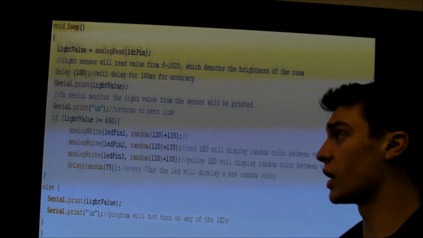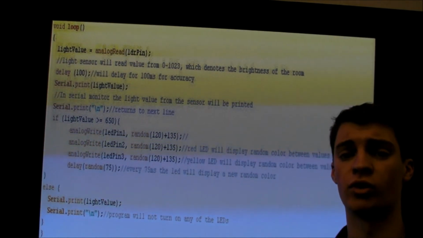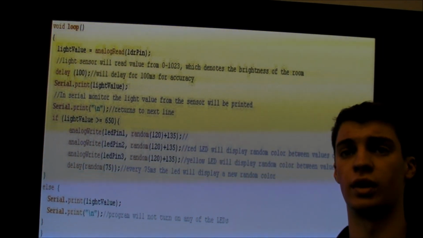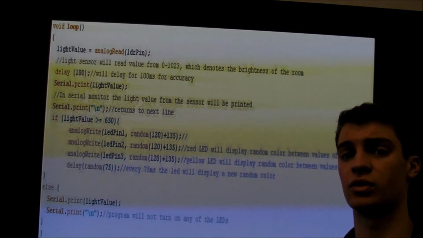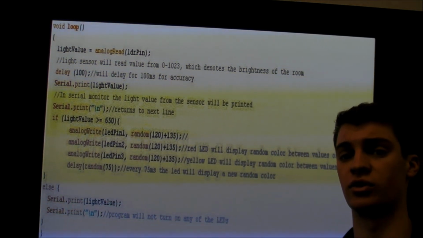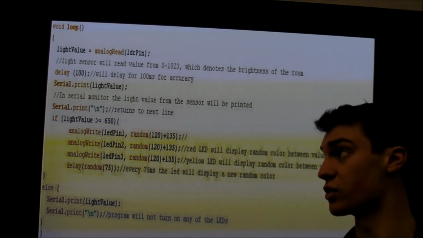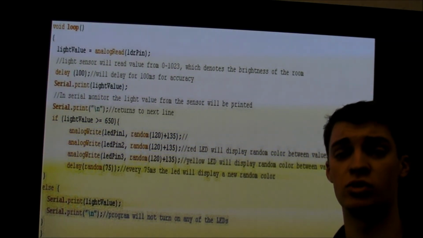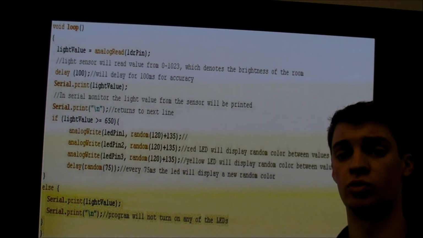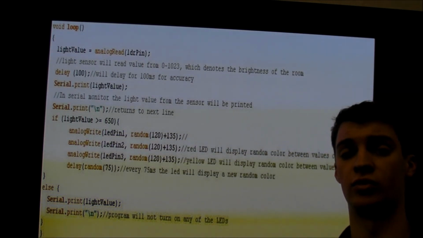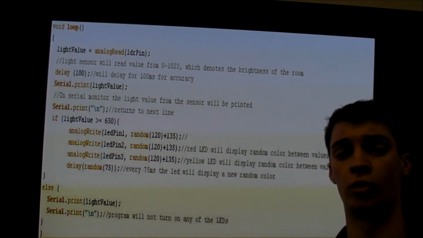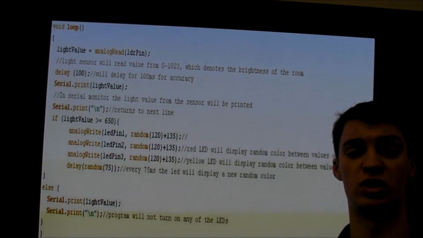And then Serial.print(lightValue) was used. It will print in the serial port the value read from the light sensor. I used that command mainly for myself so I could figure out the normal values between light and dark in a room.